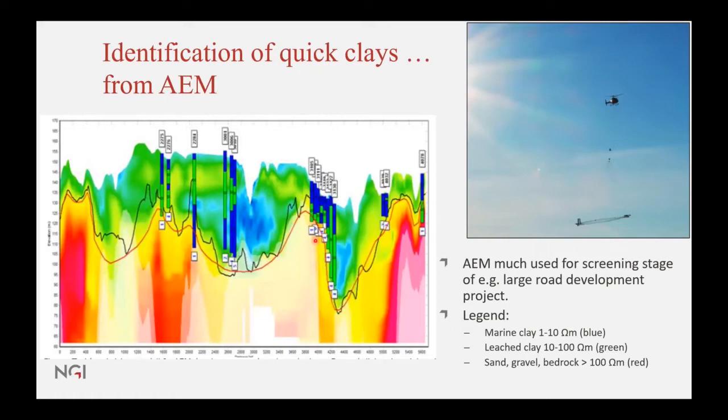It's a bit coarser, but still it gives you a very good overview of the resistivity of the material, the depth to bedrock, and it's been nice to use in order to precisely place where we need some more information from boreholes. So this has saved us quite a lot of money in many projects lately.